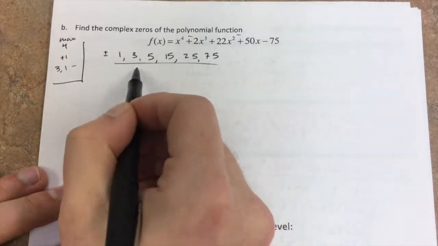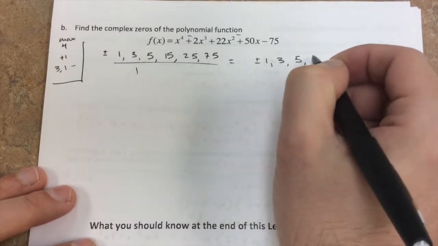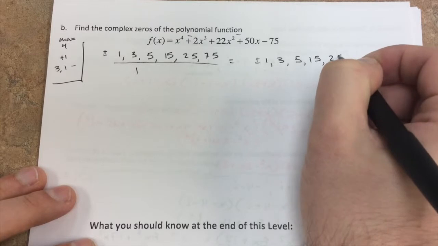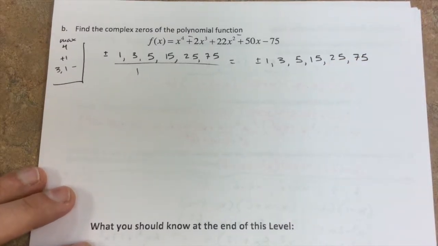All over 1. So our list is plus or minus 1, 3, 5, 15, 25, 75. So those are the numbers that I want to try.